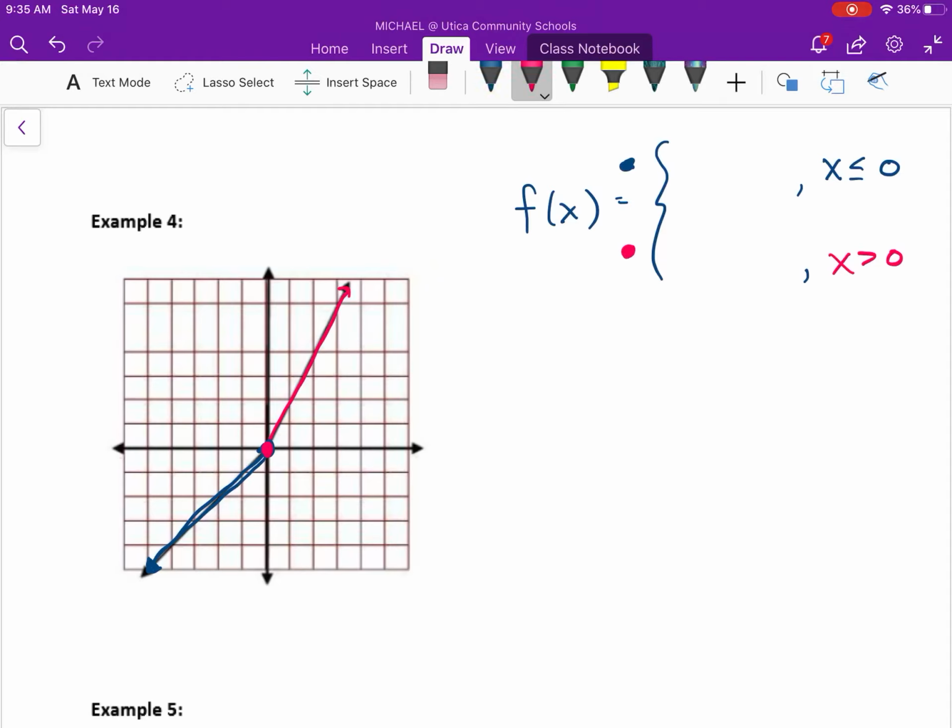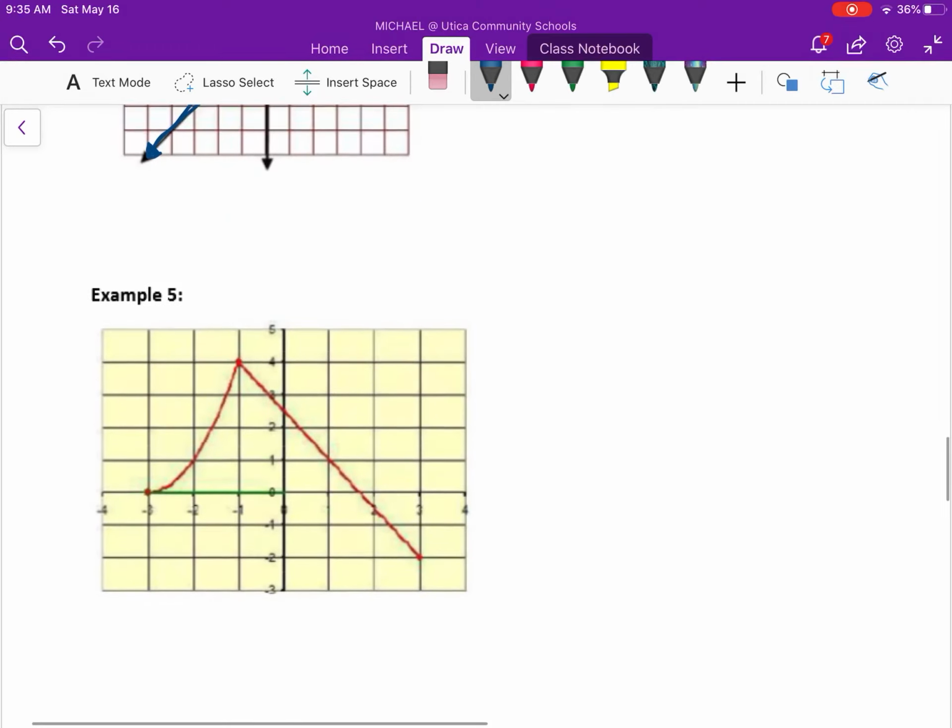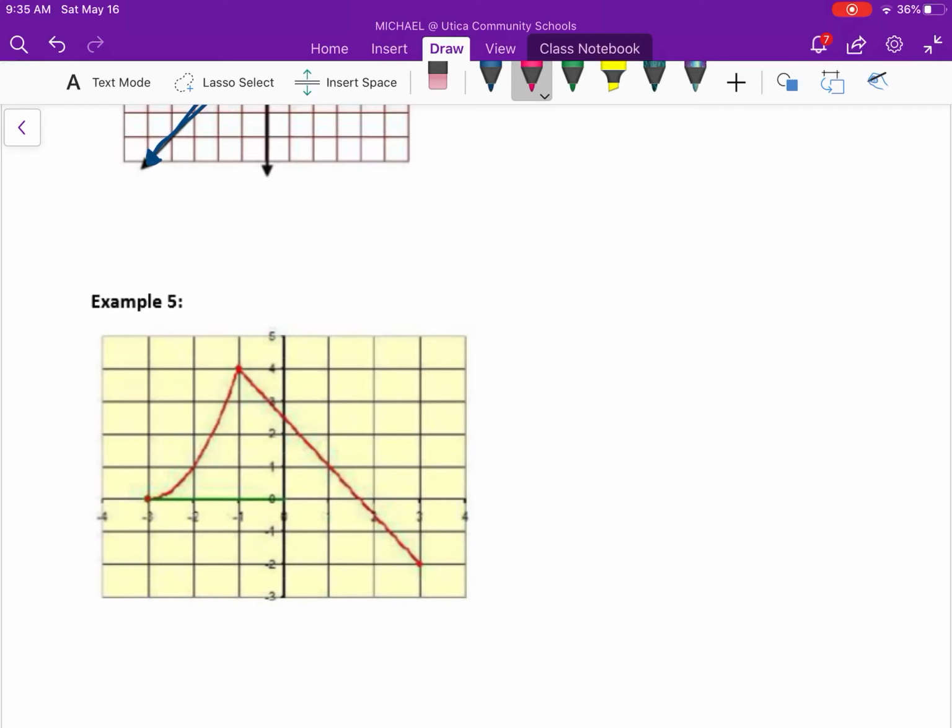Well, the pink function has a slope of 2 and a y-intercept of 0, so that would be the linear equation y equals 2x. The blue function has a slope of 1 and a y-intercept of 0. So that's a pretty straightforward example of how to find the piecewise functions that go along with that. All right, let's try example 5.